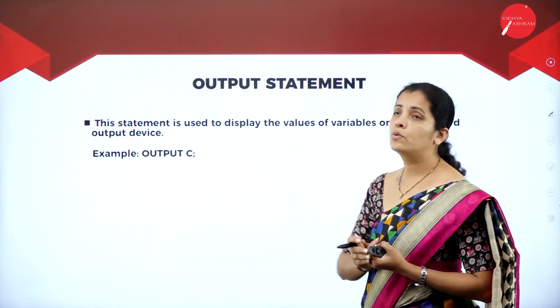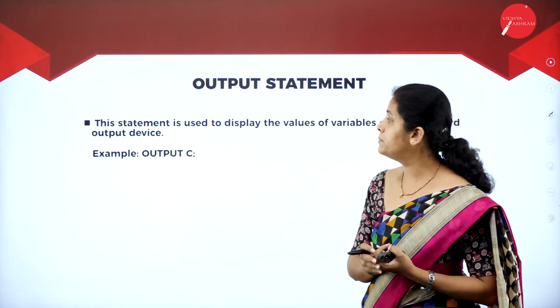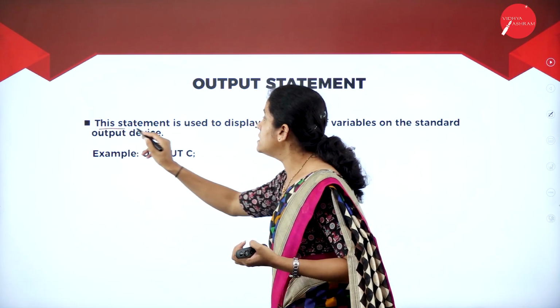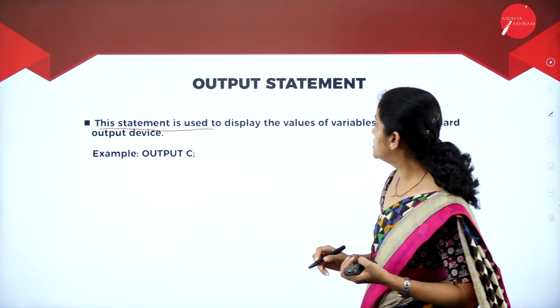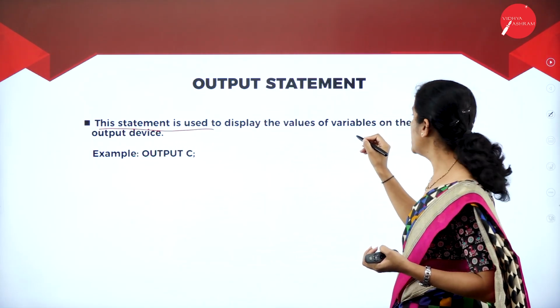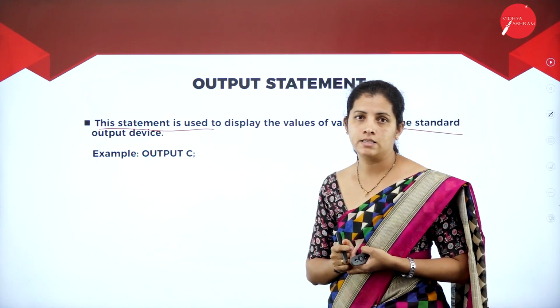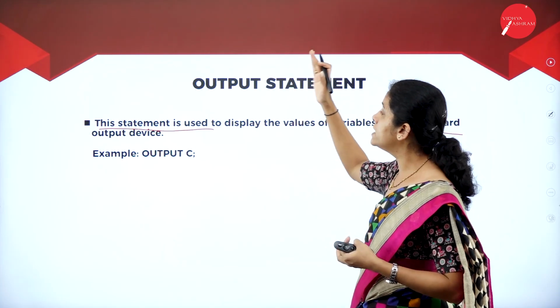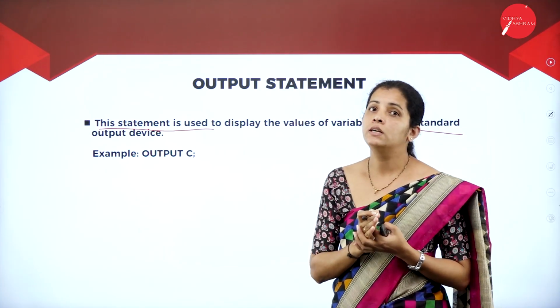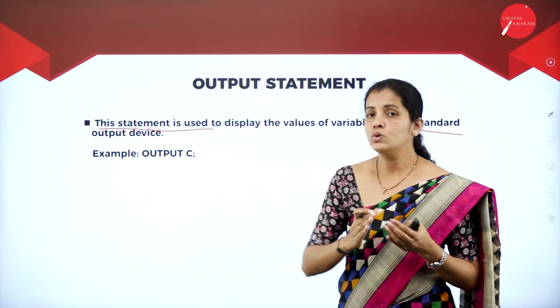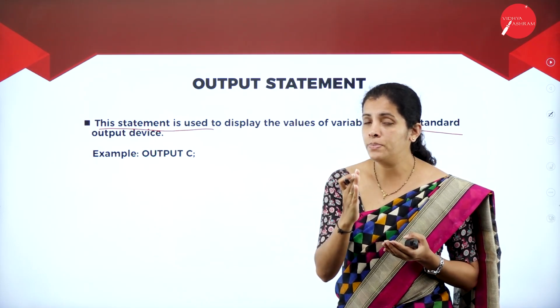Moving further, I'm going to have the output statement. This statement is used to display the value of a variable on the standard output device. That means the output statement is mainly used to display the value. So what kind of value am I going to display and where?